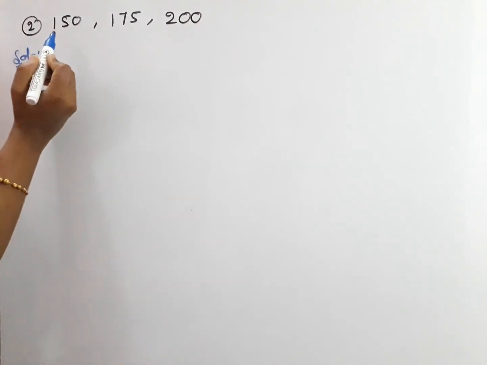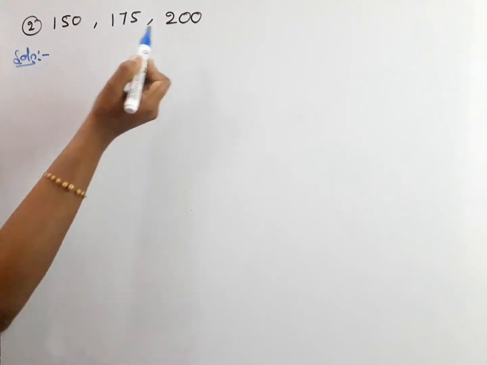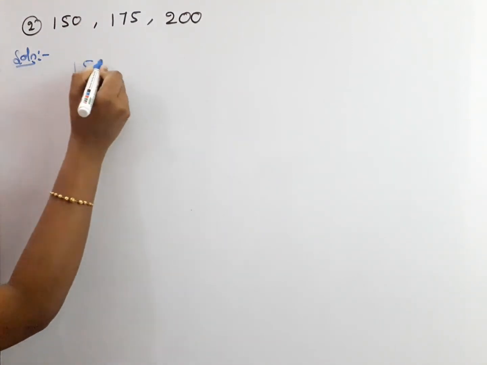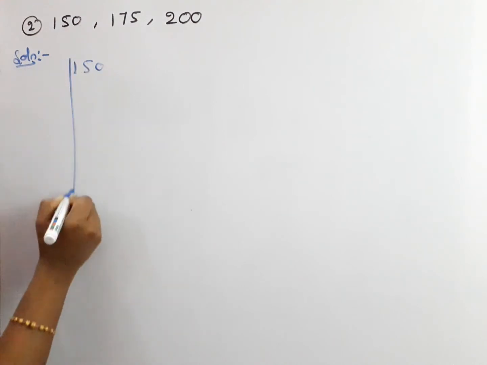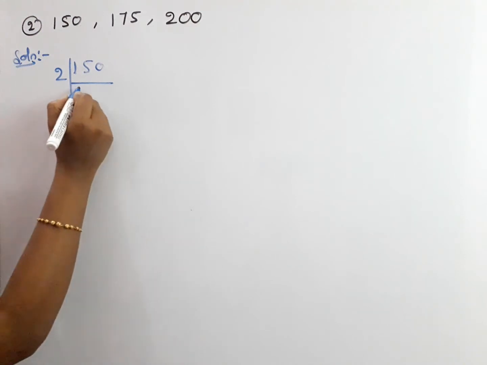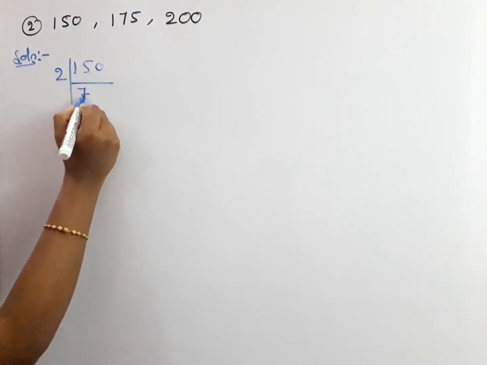The second problem: find the HCF of 150, 175 and 200 using the prime factorization method. First find the factors of 150. Check with 2. 2 7s are 14, 15 minus 14 is equal to 1.